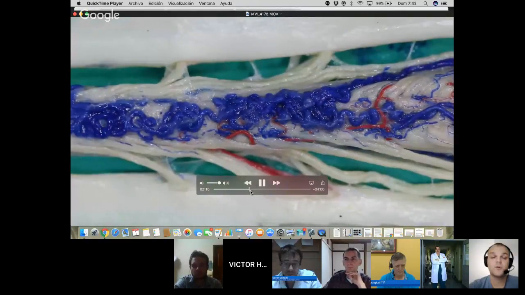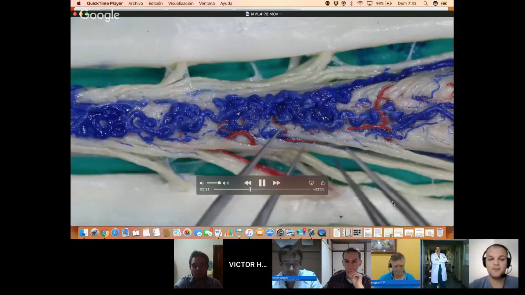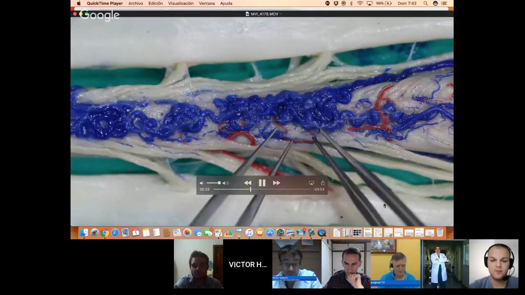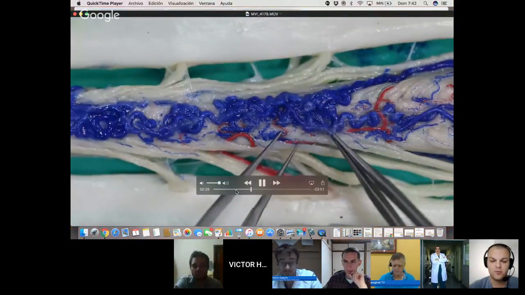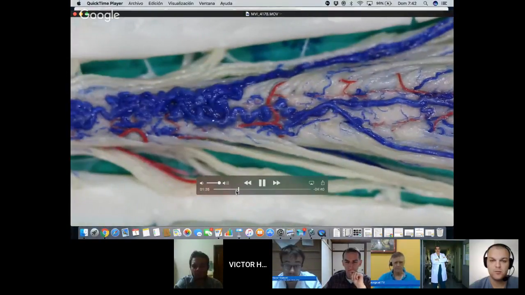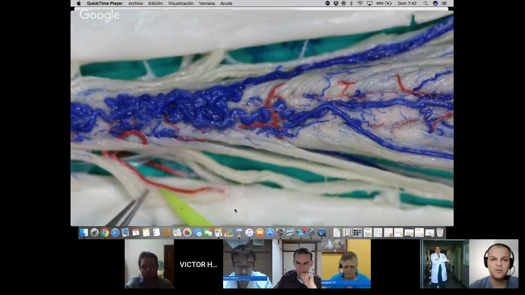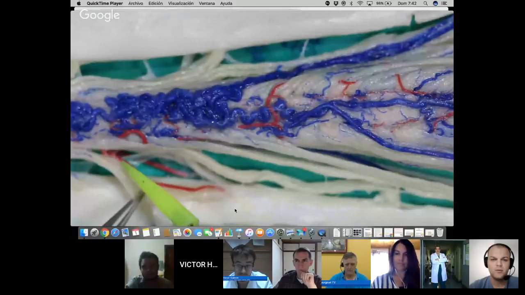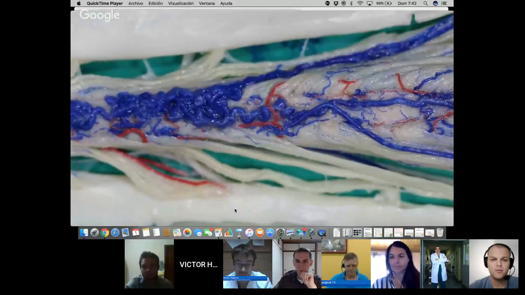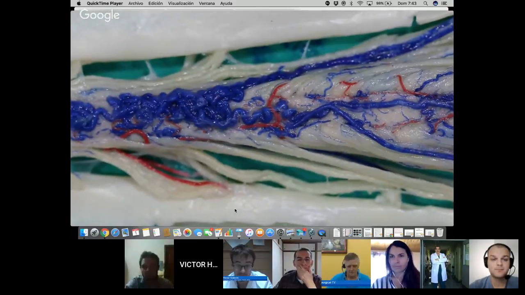This is very interesting because, you know, this artery, the posterior spinal artery, let me put the video in that place. This is this one. This artery is not well known because some authors think that this artery does not exist, and other ones say that this artery exists.